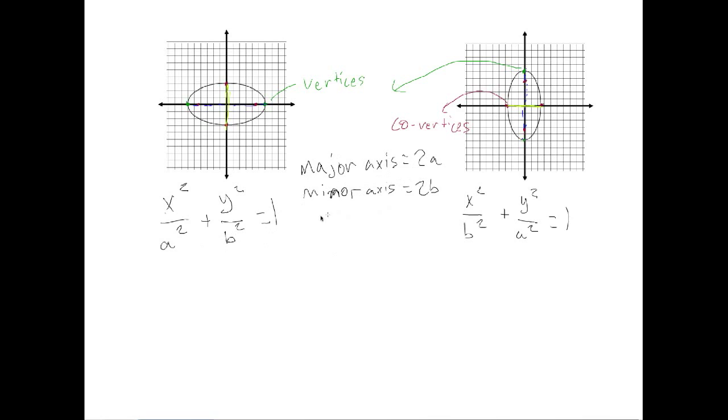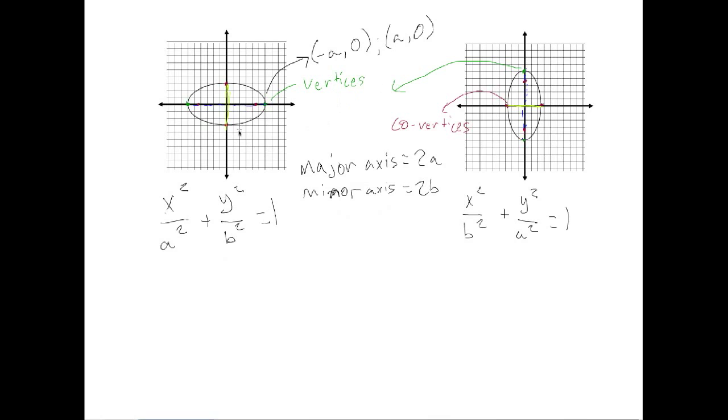Okay? Now, there's another definition, and that comes from your vertices. Now, on this ellipse over here, your vertices will be given as negative a, 0, and a, 0. Okay?